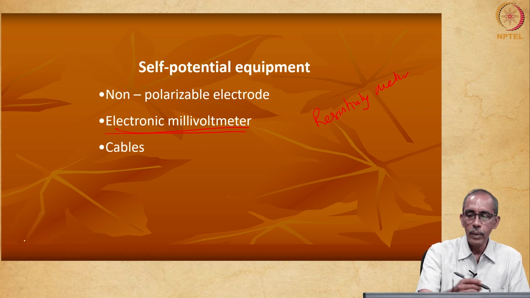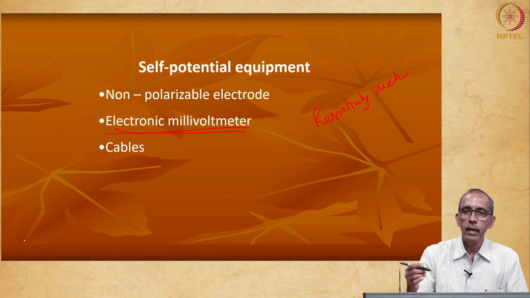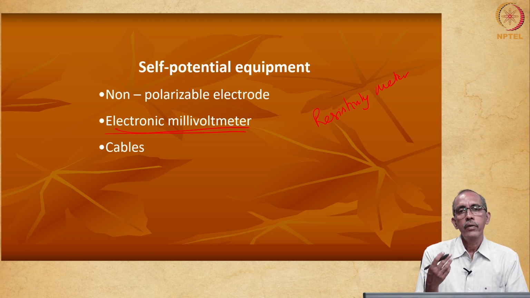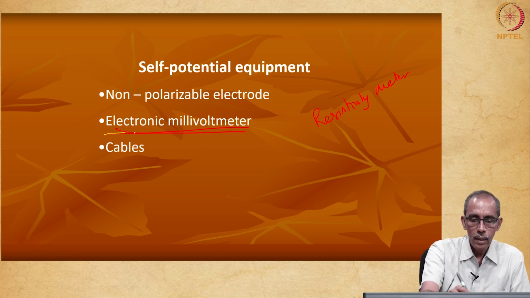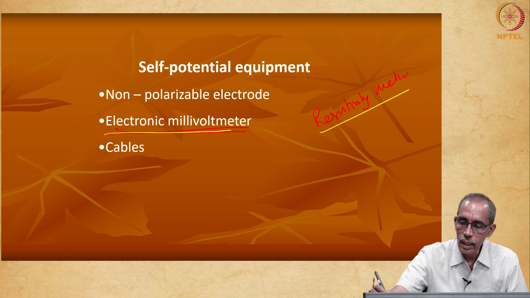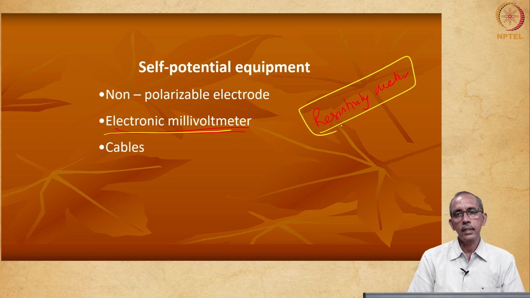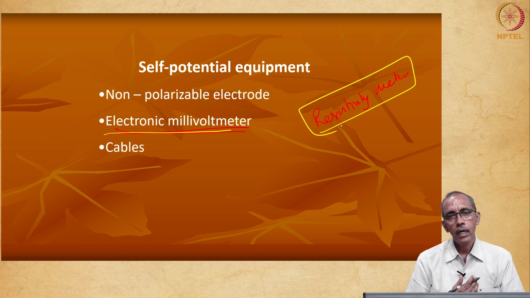Resistivity meter is a combination of both ammeter and voltmeter. We have already seen. Since we may be having resistivity meter, we need not bother about this. We will use the resistivity meter for conducting this survey. What we may not use in the resistivity meter, the battery part, we may not use.